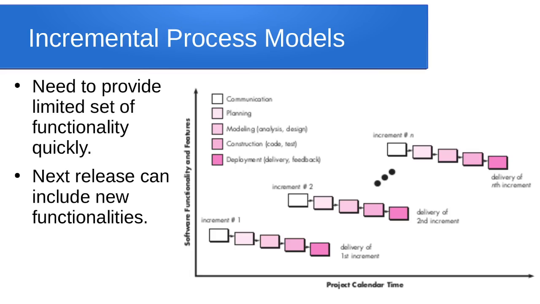So first of all, you prepared your communication and gathered the requirement, concentrated on these features of the system, and accordingly you planned, modeled, constructed these features and deployed them. And in the next increment, you found what are the functionalities which have more priority. Those features you again designed and implemented, and in this way you may have n numbers of increments, and in each increment you will keep on adding certain new features.